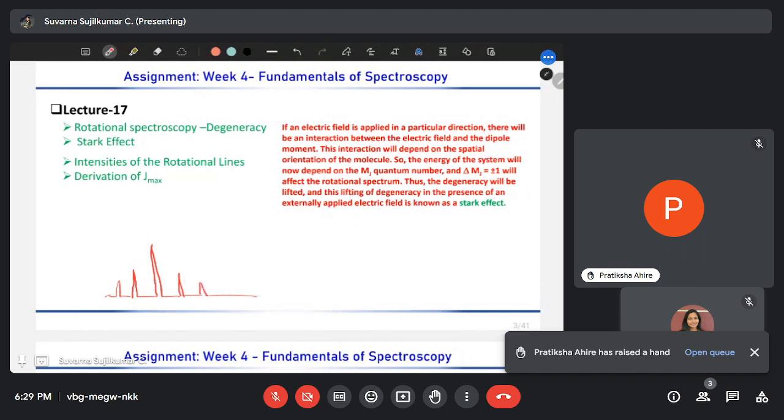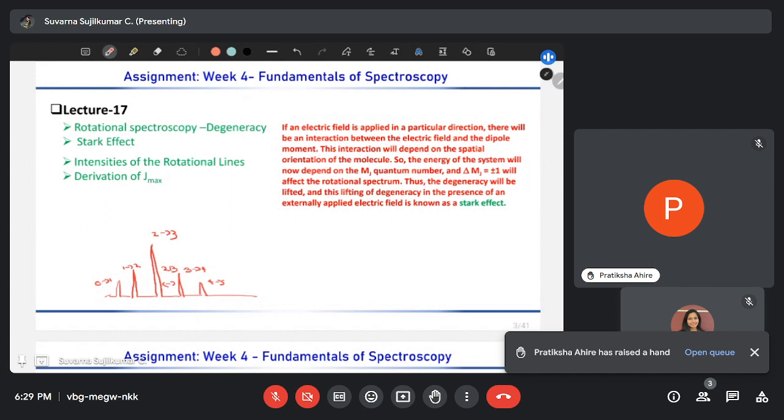Okay. So this distance we already know is 2B, and this transition is given by 0 to 1, and this is 1 to 0 according to our selection rule. This will be 1 to 2, this will be 2 to 3, this will be 3 to 4, and this will be 4 to 5, right?